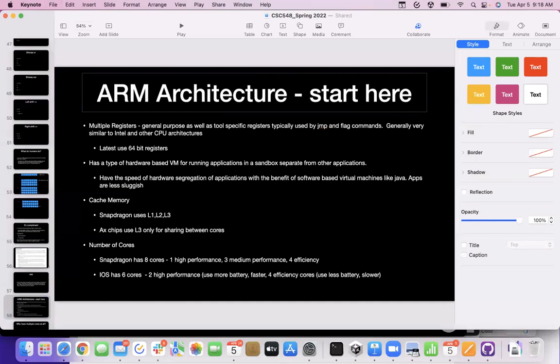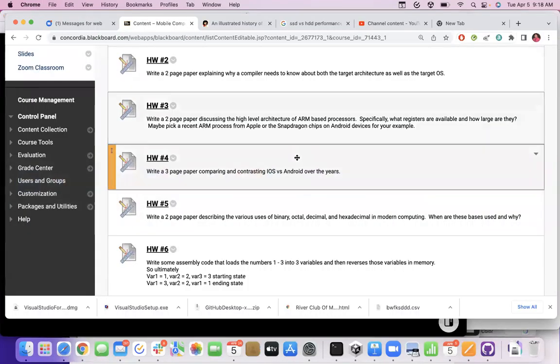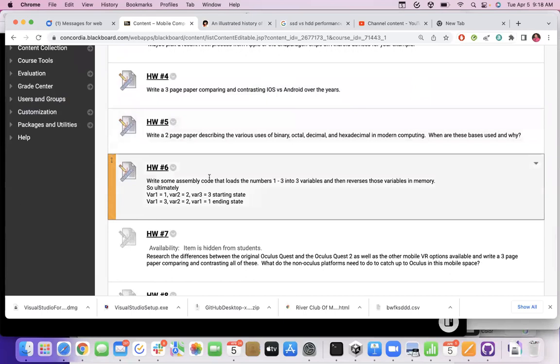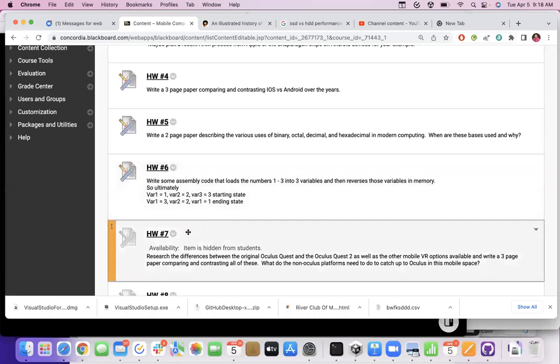With an ultimate goal, and you can start looking at it now if you'd like, for next Tuesday, you're going to write a little bit of assembly code that loads some numbers into 3 different variables and then reverses those variables in memory. So you're going to be manipulating some hardware registers to represent storing 3 different numbers and then turning those numbers around.